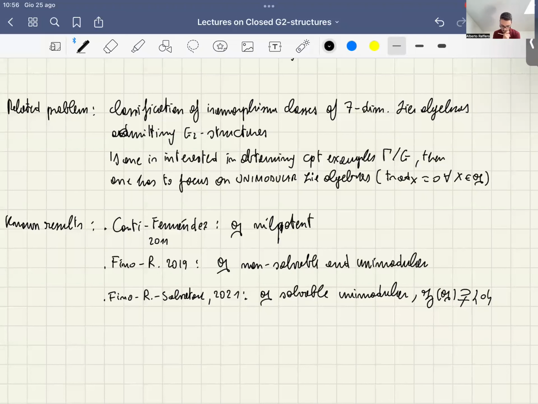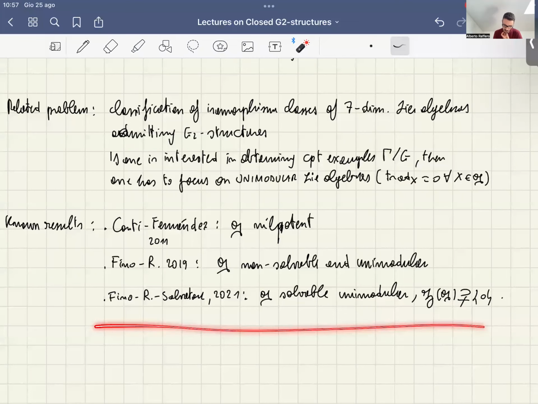So these are the known classification results for Lie algebras admitting closed G2 structures. There are further classifications for the algebras admitting closed G2 structures satisfying some extra properties. And if I will have time, I will mention them tomorrow. And so let me just remark regarding this last classification that, of course, here we made this extra assumption on the solvable Lie algebra.